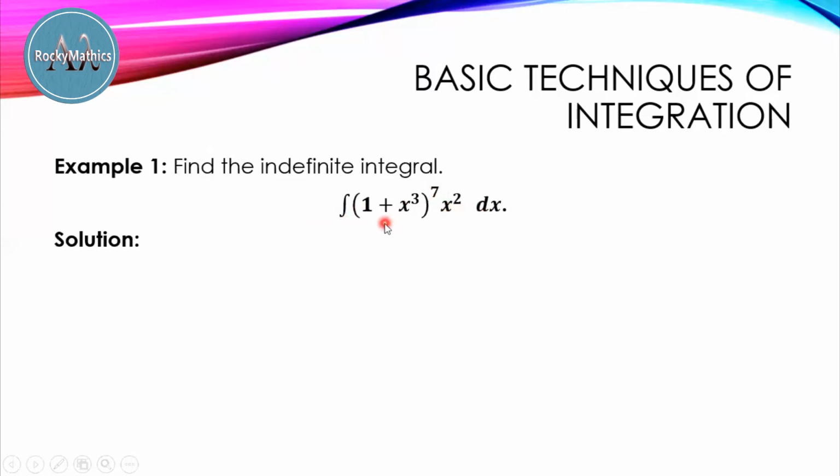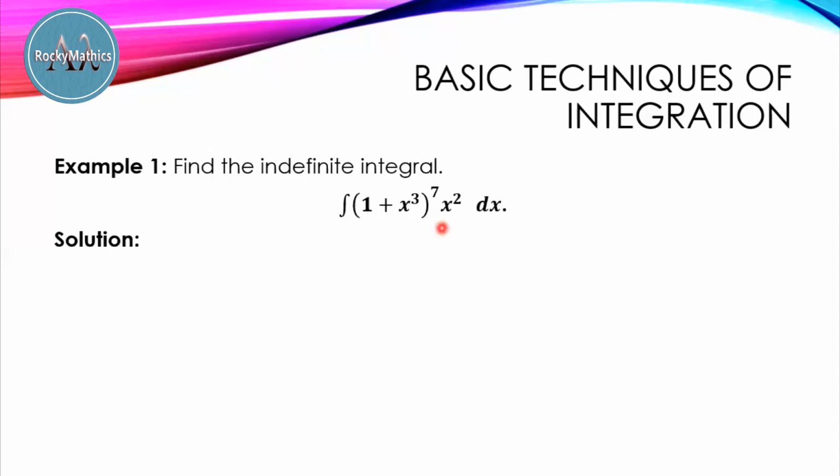By the way, when we say indefinite integral, this is an integral that is expressed without limits and so contains an arbitrary constant. This is also the reason why we always put a letter C at the end of the antiderivative.